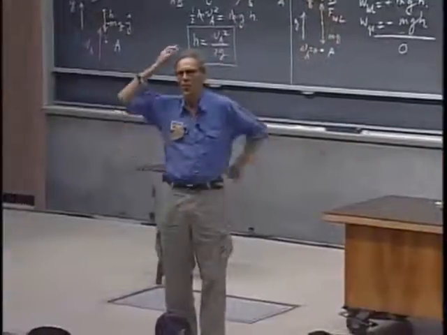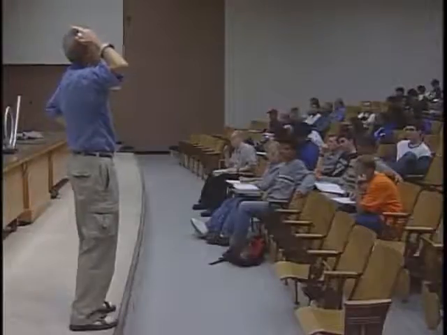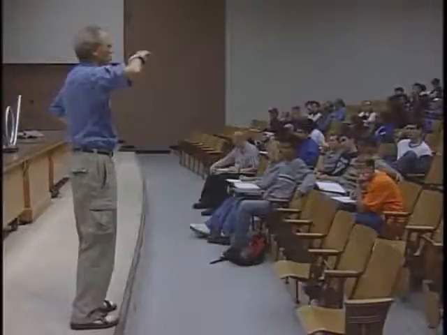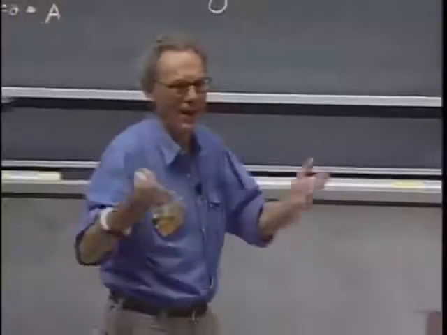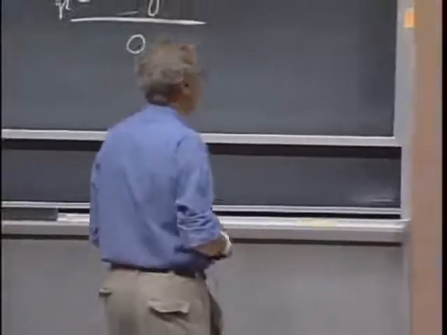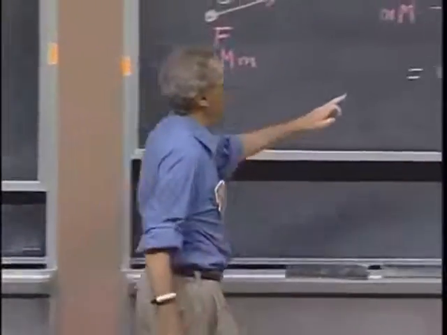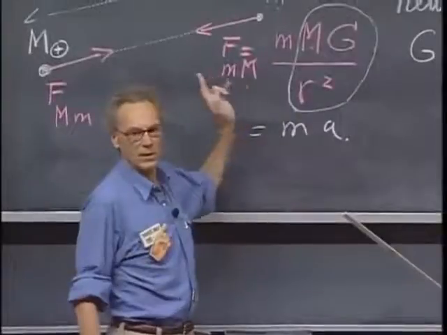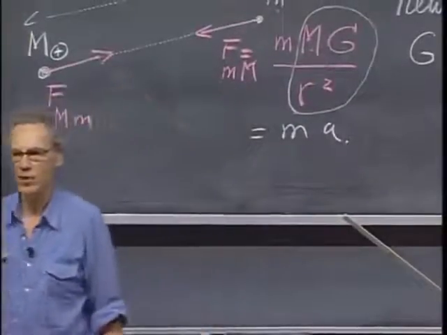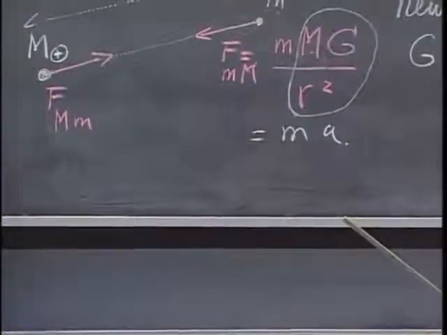We have discussed that earlier when we dealt with the planets and we dealt with uniform circular motions and we evaluated the centripetal acceleration. We came exactly to that conclusion that the gravitational acceleration falls off as 1 over r squared. 10 times further away, the gravitational acceleration is down by a factor of 100.